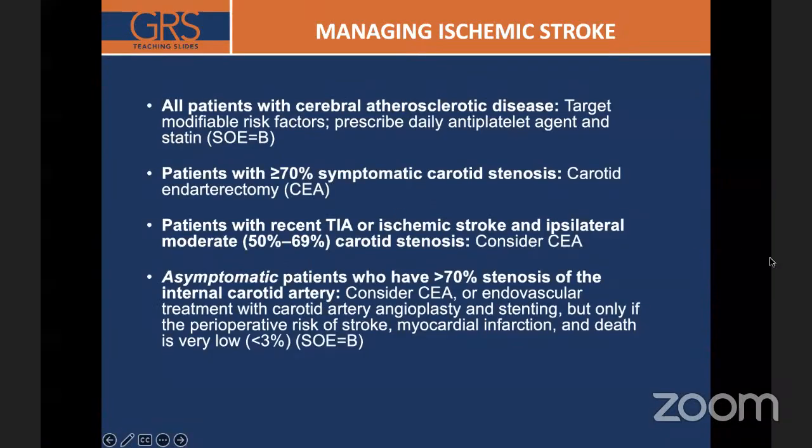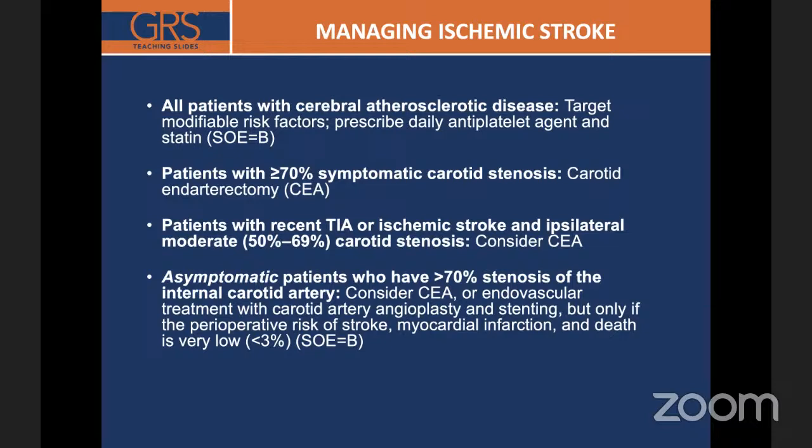Okay. So I'm going to be talking about managing ischemic stroke. So first, all patients with cerebral atherosclerotic disease: target modifiable risk factors, prescribe daily antiplatelet agent and statin. Patients with more than 70% symptomatic carotid stenosis will need to have carotid endarterectomy.